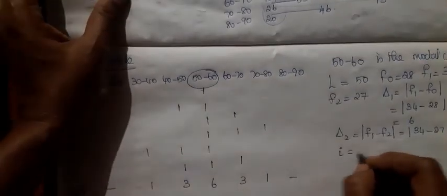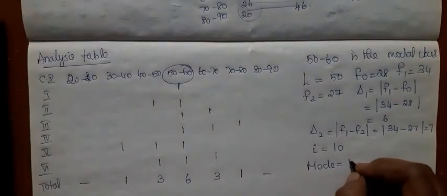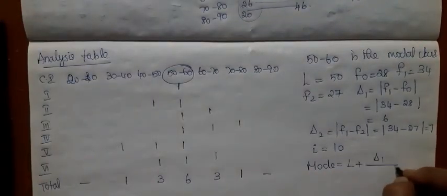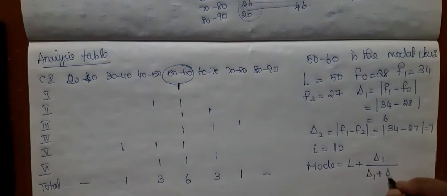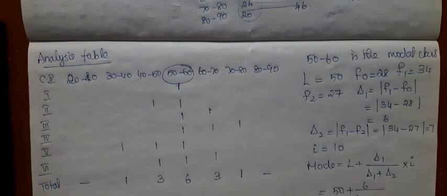I is the magnitude of the class interval, 10. So mode is L plus delta 1 by delta 1 plus delta 2 into I: 50 plus 6 by 6 plus 7 into 10.